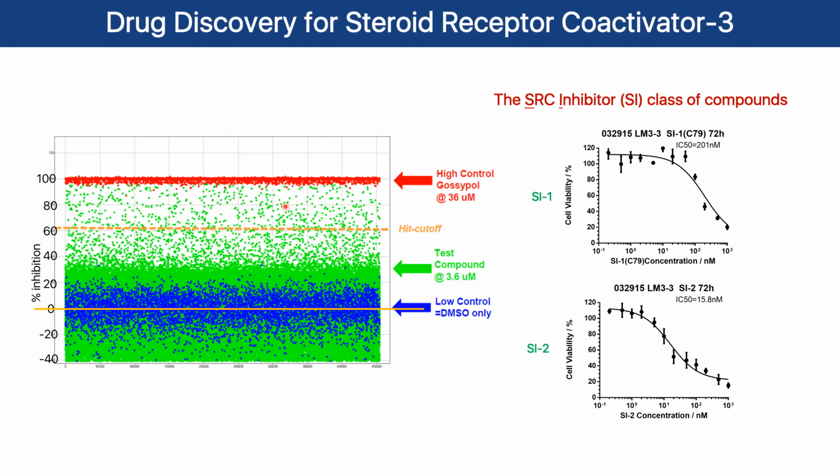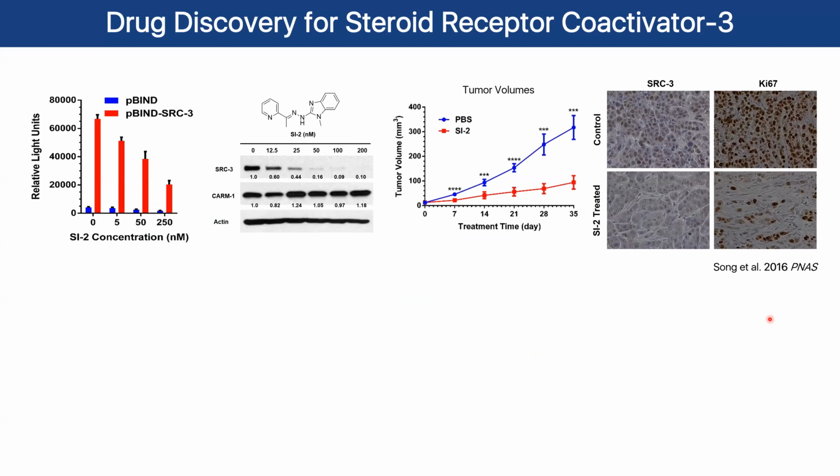So long story short, ISI-1 is a compound that came out of this screen, and the potency of this compound in triple negative breast cancer cells, this is 231, lung metastasis 3, whatever, is about 200 nanomolar IC50, right? Then we did medicinal chemistry optimization, and we can reduce the IC50 by at least 10-fold, to about 16 nanomolar.